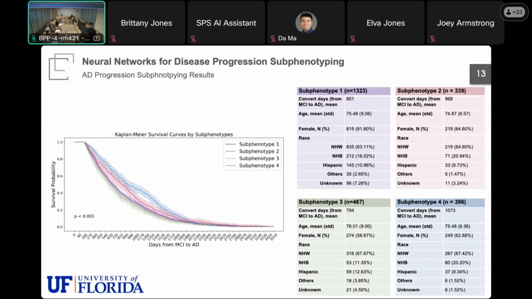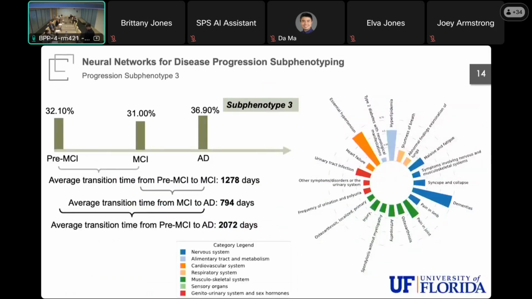The transition days from the first MCI to first AD is around 800 days, but in contrast, the individuals in subphenotype 4 show a more stable and slower progression pattern. The conversion days from the initial MCI diagnosis to the first AD diagnosis is 1,073 days. Now let's focus on subphenotype 3 for a moment.